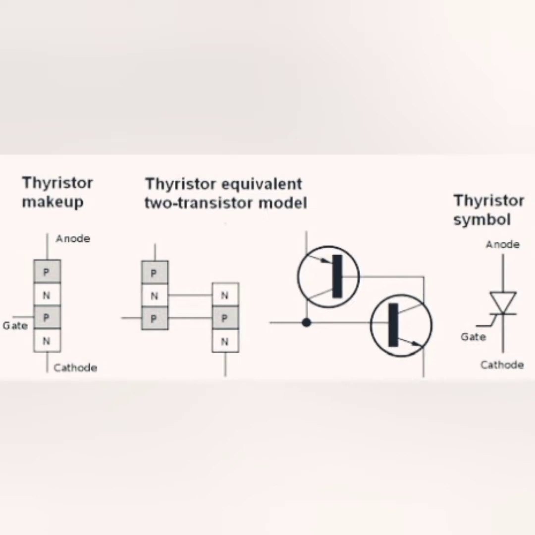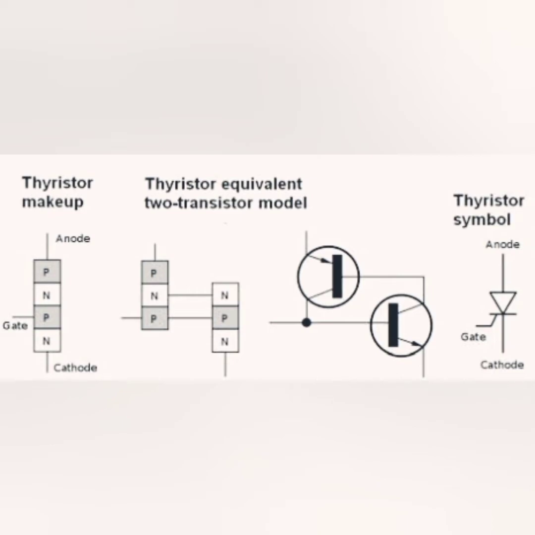So here the p type semiconductor and n type semiconductor form a diode and another set of diode, p type and n type semiconductor, which forms a thyristor makeup. Then the thyristor equivalent for a two transistor model has also been given here. This is also one of the best examples for your AC to DC conversions.